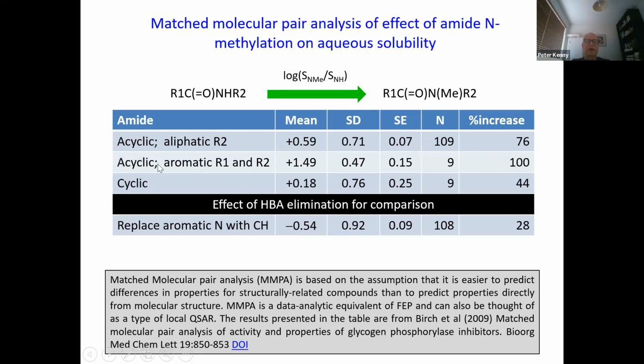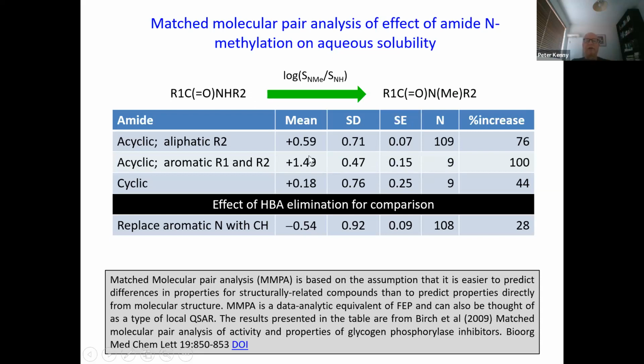This is a much more interesting one. These are acyclic, both the R1 and R2, so these are acyclic benzamides. What happens here is that you get a much larger increase in aqueous solubility from methylation. The standard deviation is actually smaller. It's a pretty small sample, and it might be that they're all structurally very related.